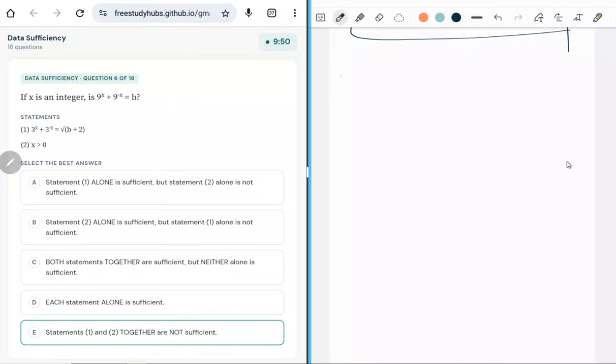If you remove the square root, it's coming here: 3 raised to the power s plus 3 raised to the power minus s, all squared. See what I'm doing, the square root is no longer there. So what is here?